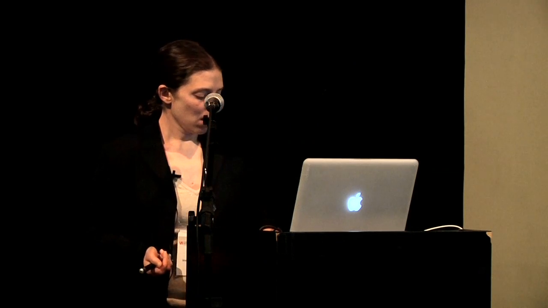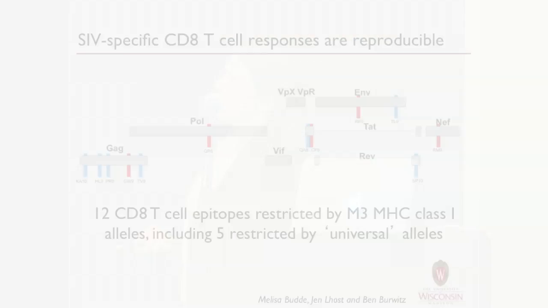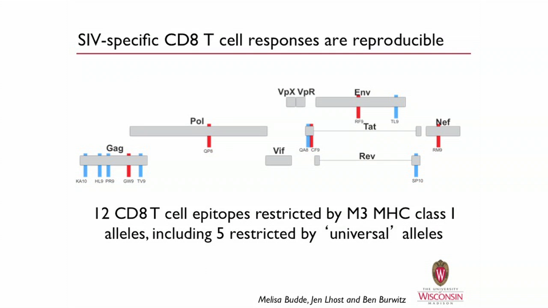So that means that in about 90% of the animals, they will have these class 1A alleles, and they will present those peptides to T cells. So if you're interested in a specific CD8 T cell response that's targeting one of the peptides restricted by one of these class 1A alleles, you can study it in 90% of these monkeys.